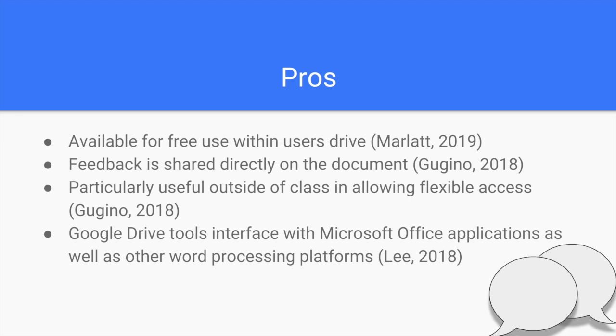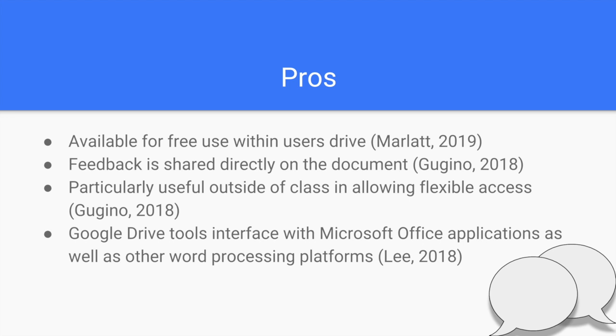When you're trying to transfer something that you've worked on somewhere else to Google Docs, you can transfer it because it interfaces with Office applications as well as other word processing platforms, which makes it easy to edit and share in a free platform. And when you're working, you're able to create feedback and comments directly on the document.